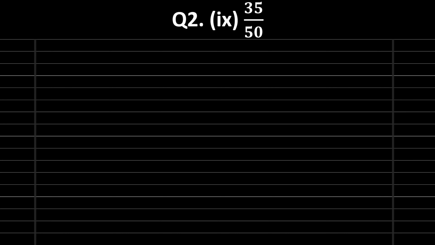9. 35 upon 50. So, here what we will be doing, we will first of all try to simplify 35 upon 50. 35 can be written as 5 into 7, whereas we can write 50 as 5 into 10. 5 is common in the numerator and denominator. We can cancel it out.